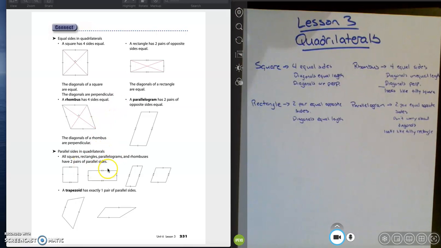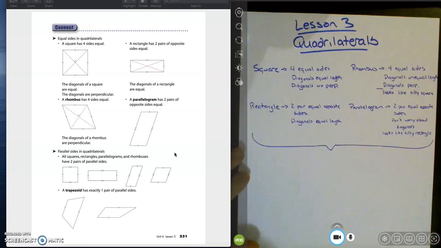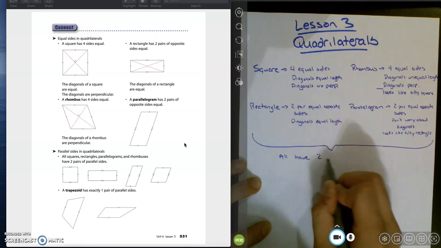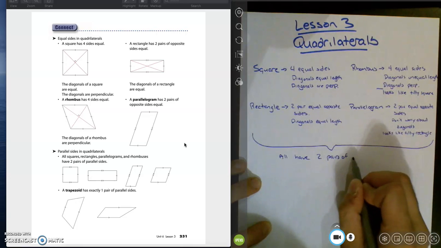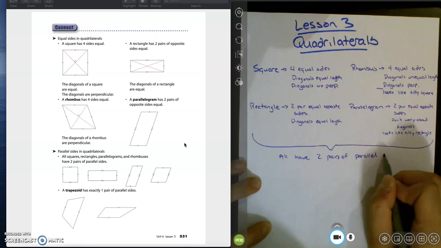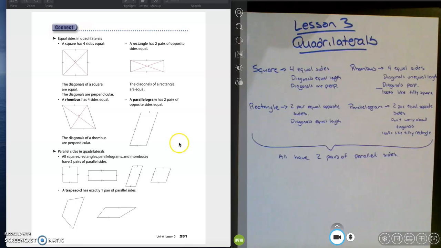This last little bit talks about parallel sides. Ooh, I actually did a good one that time. They all have two pairs of parallel sides. Remember, parallel lines will go on forever without touching. They're equal distance apart.